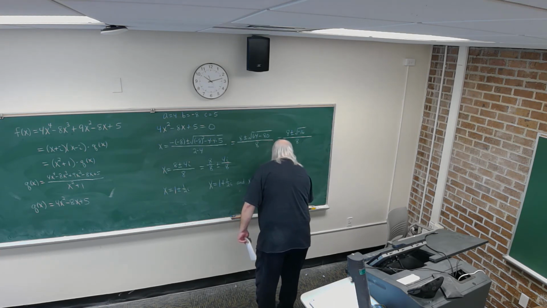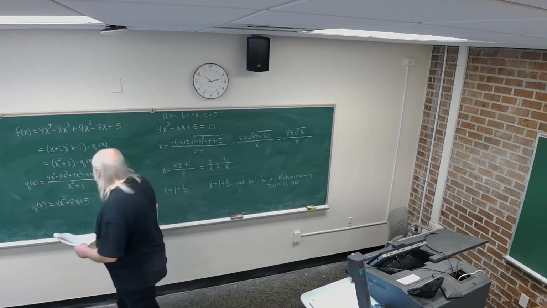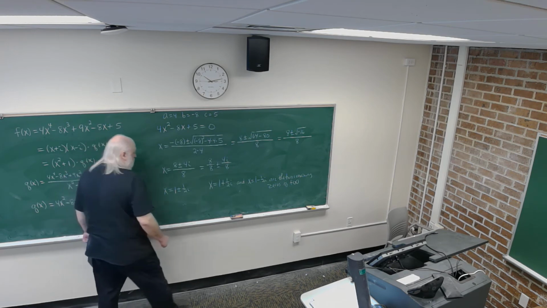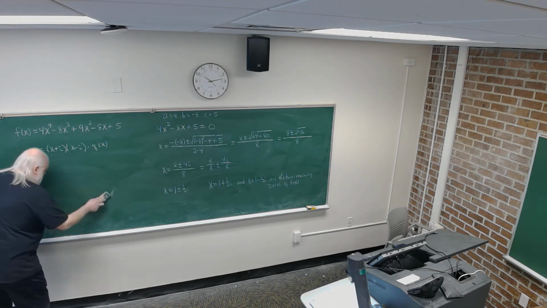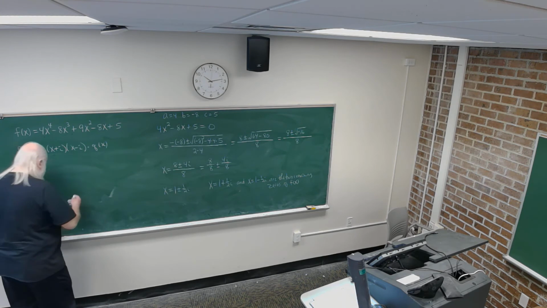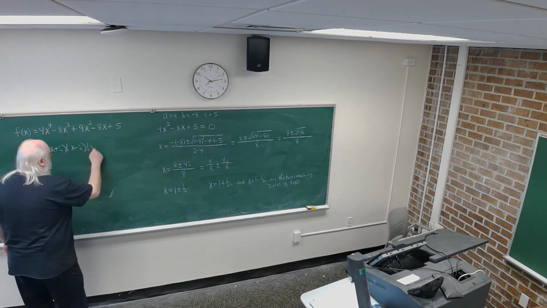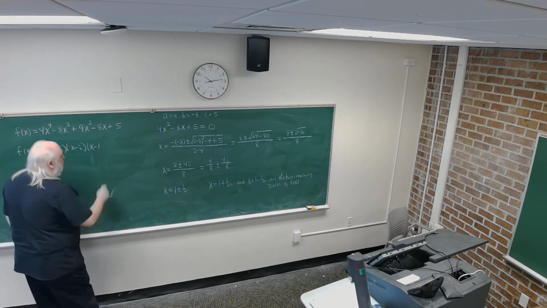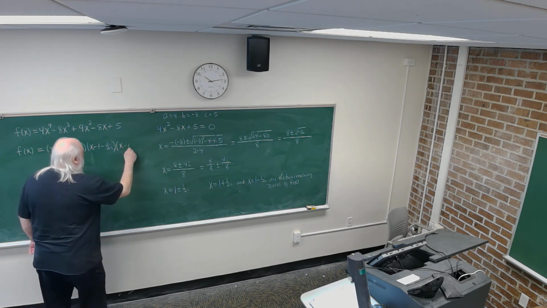are the two remaining zeros of f of x. So the complete factorization of f of x is equal to x plus i times x minus i times x minus 1 minus 1/2 i times x minus 1 plus 1/2 i.